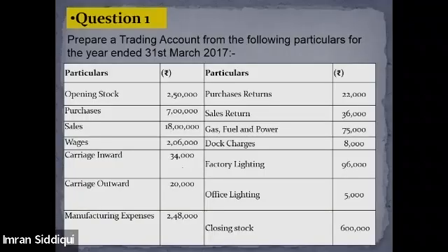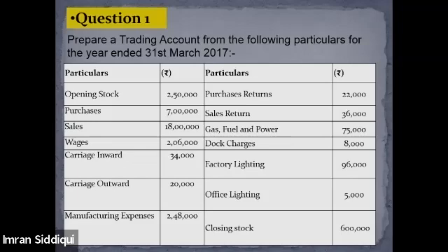Yes. Is it clear? Okay. So you need to add the wages as well on the debit side, number 1. Number 2, I think you also missed manufacturing expense. Manufacturing expense is there, 2,48,000. You wrote that in the trading account, no?